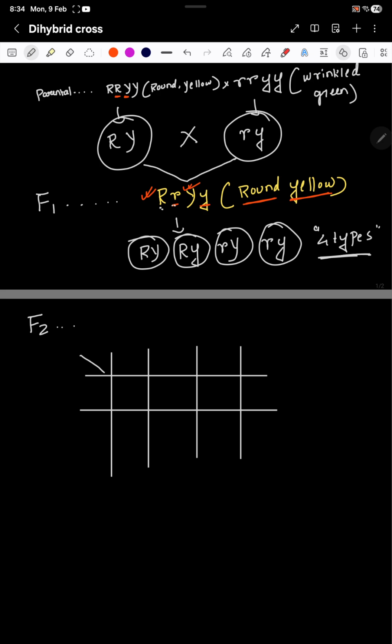So this is the female, this is the male, and we draw the gametes: RY, capital R capital Y, capital R small y.